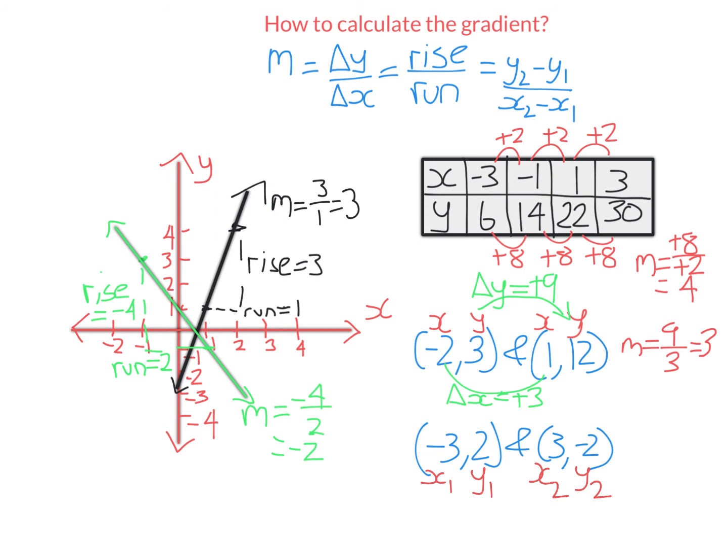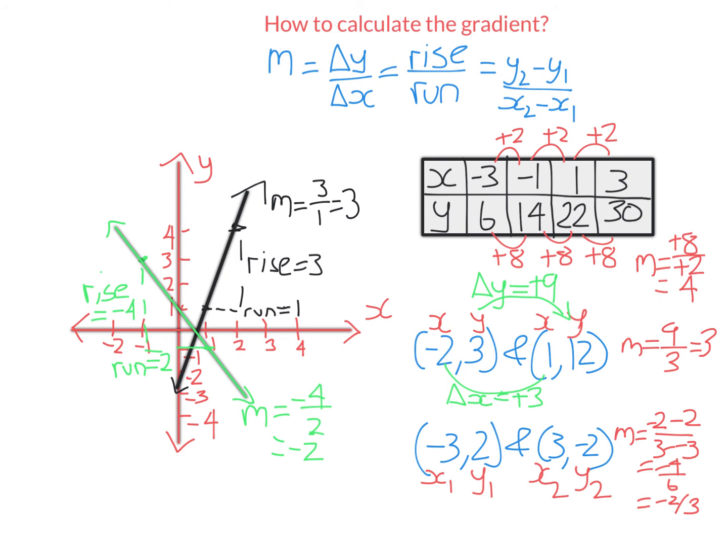If I want to calculate the gradient here, it's y2 minus y1 over x2 minus x1. So negative 2 minus 2 is negative 4 on top. 3 subtract negative 3 becomes 3 plus 3, 6, and that just simplifies to negative 2 over 3. The gradient here is negative 2 over 3.